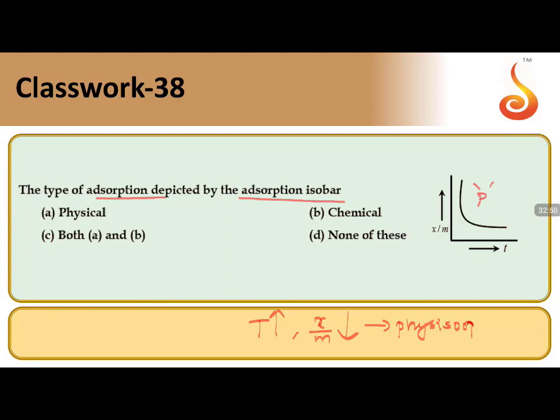But if your graph shows X by M increasing and then decreasing with temperature, then this leads to chemisorption. The graph which is given to us depicts physical adsorption, undoubtedly.